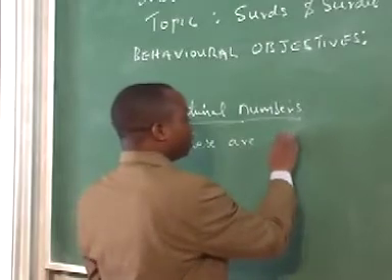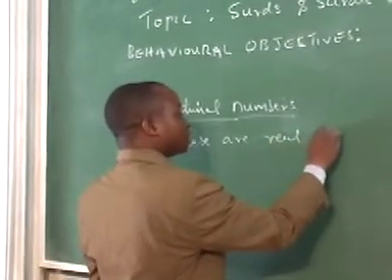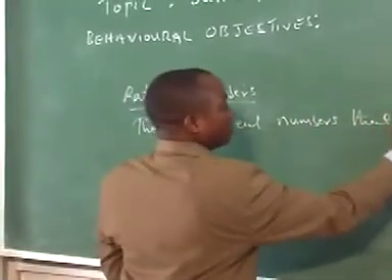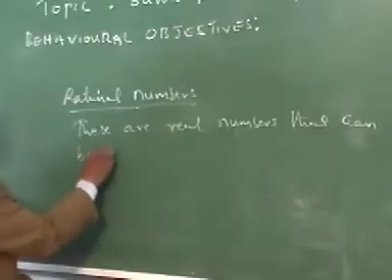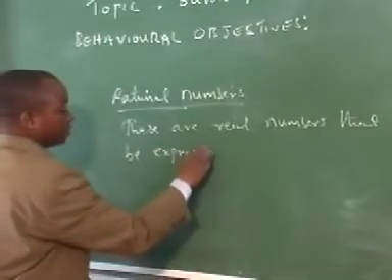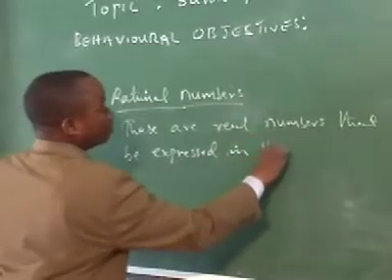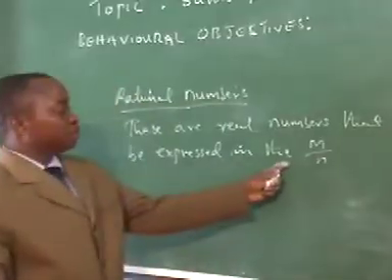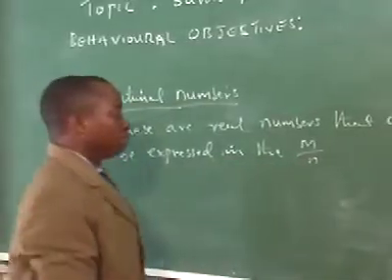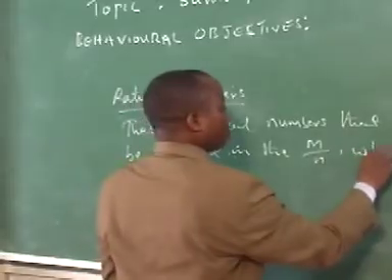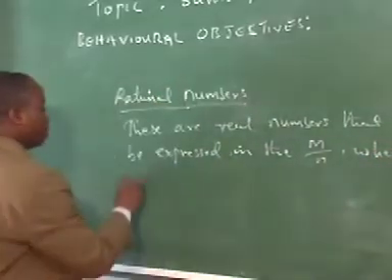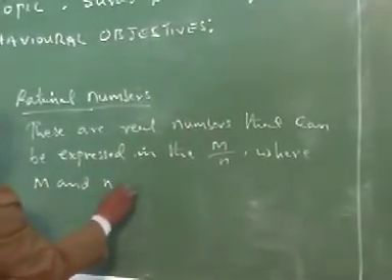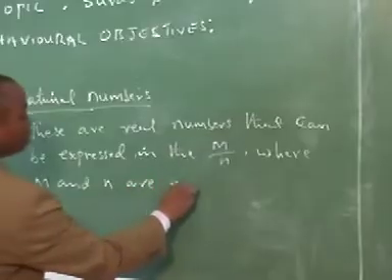These are real numbers that can be expressed in the form m all over n, where m and n are real numbers.